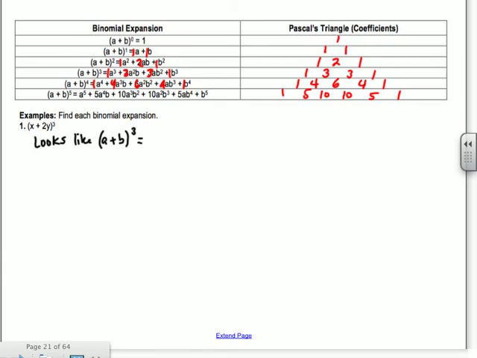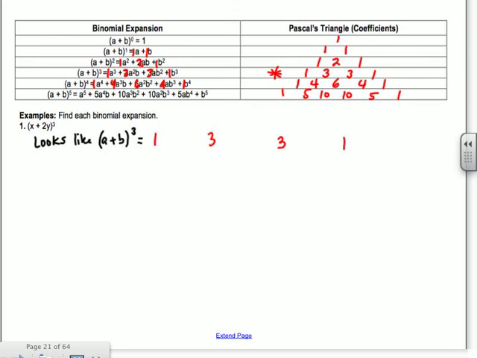If you have (a plus b) to the third, you know that you're going to have this row. You're going to have the 1, 3, 3, 1. So we write those down. We say 1, 3, 3, 1. Leave a little bit of room in between them. All right, and then they say, well, what about a's? If I had (a plus b) to the third, I'm going to start with a cubed, right?